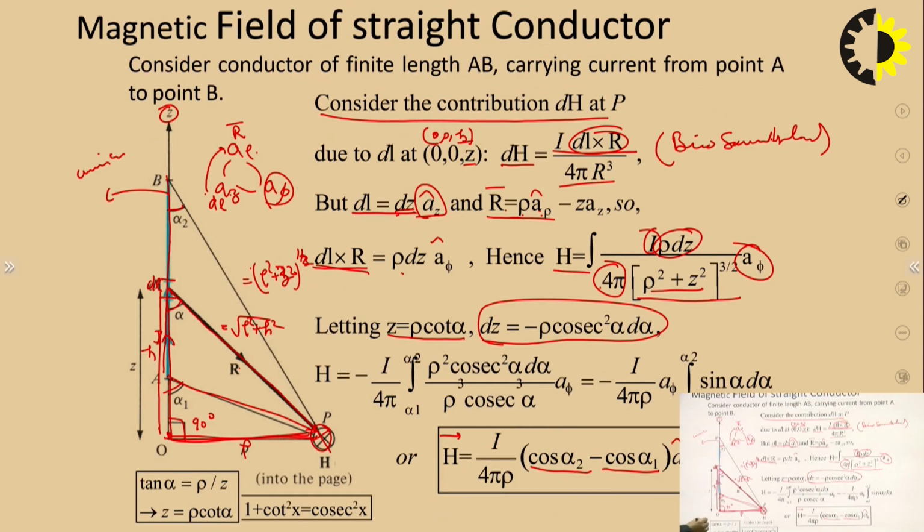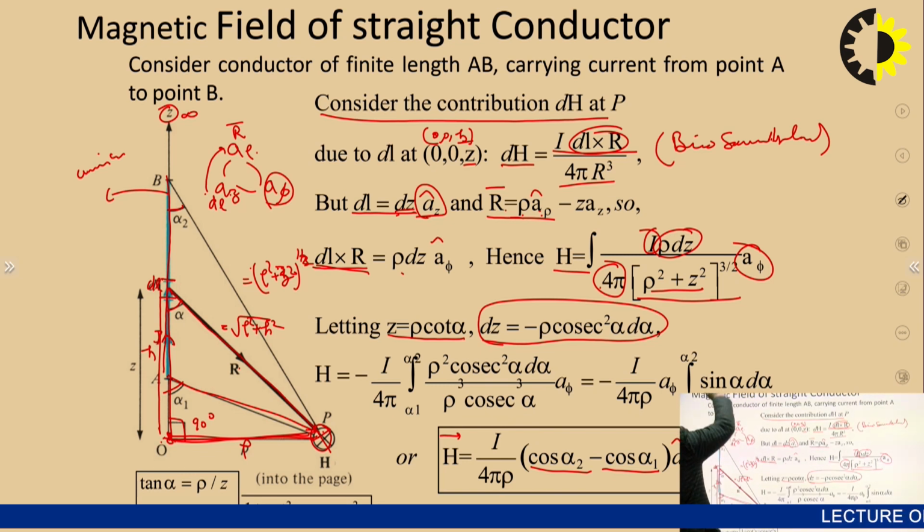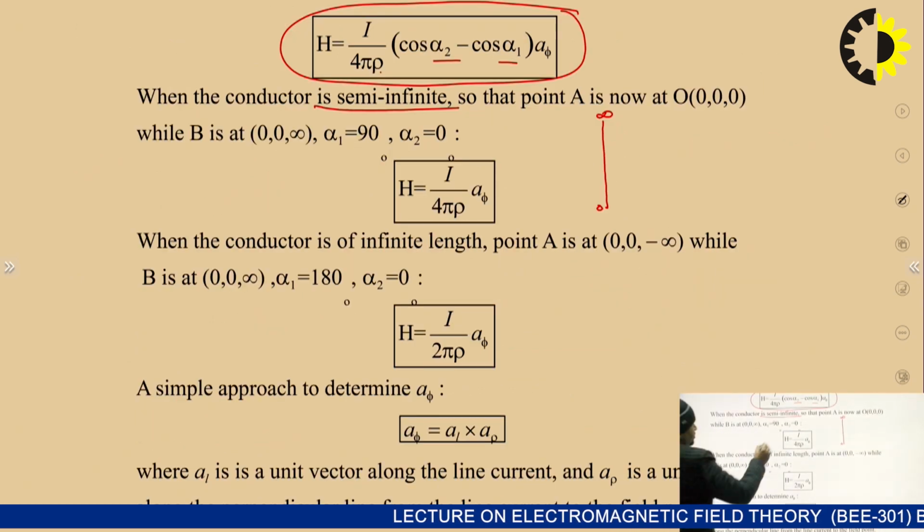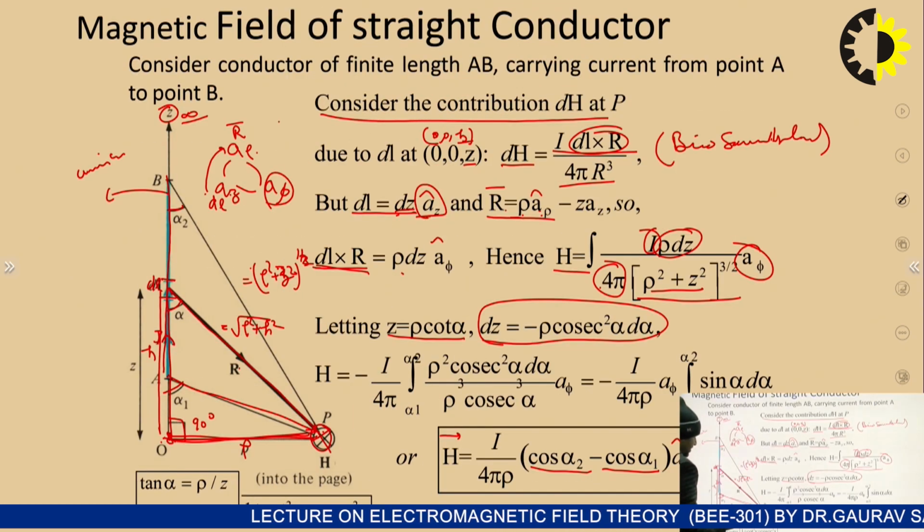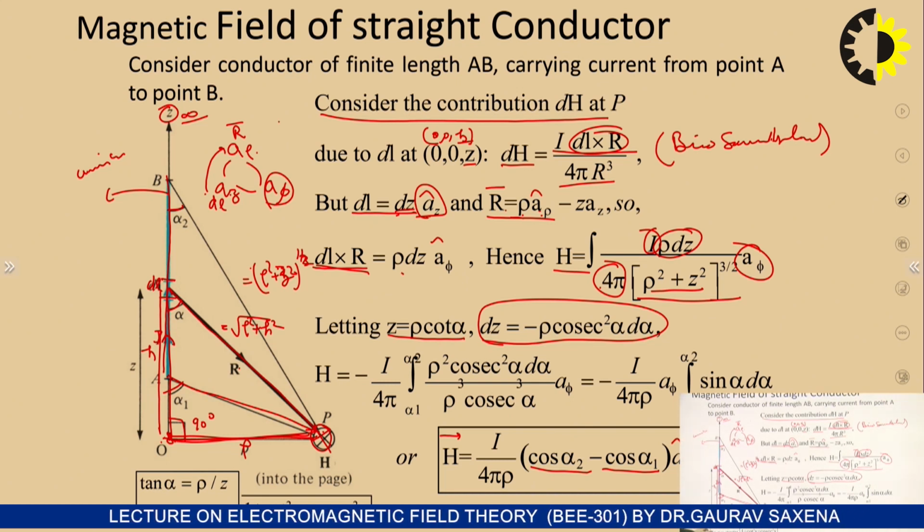So in this condition, this is the origin 0 and this conductor is extended in the infinity direction. So alpha 2 should be 0 degrees, because this length, the rho length, is very small with comparison to the infinite distance.